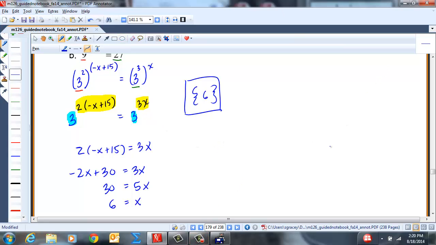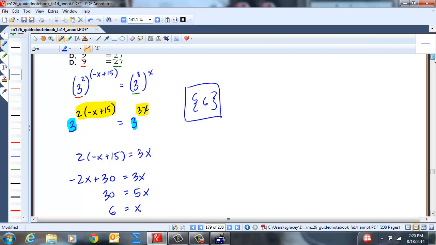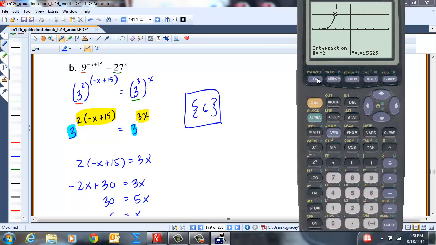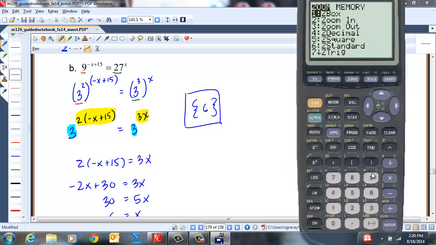And what we'll do is we'll do the original equation. I'm going to go to Zoom Standard first, and then I'll enter in my y equals. Okay, so we had 9 raised to the parentheses -x plus 15.